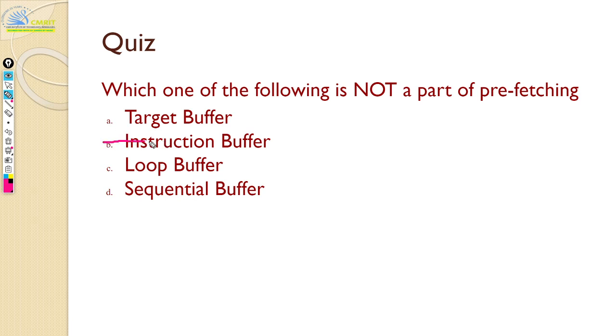So this is not part of prefetching. Only your target buffer, loop buffer, and then your sequential buffer, right? Basically your loop buffer is nothing but a combination of your target buffer and sequential buffer. Thanks, Vishal.